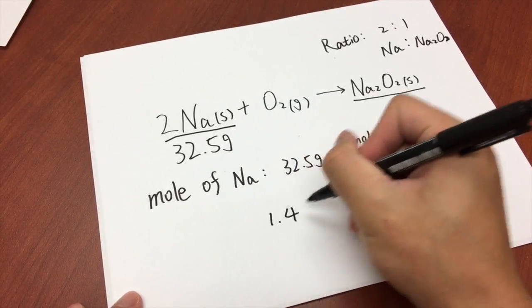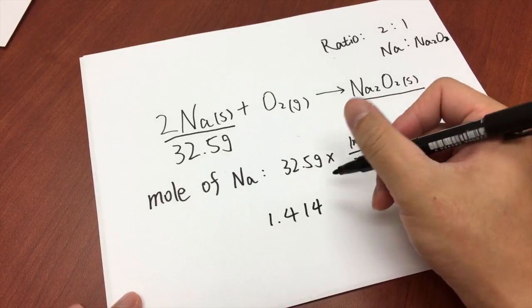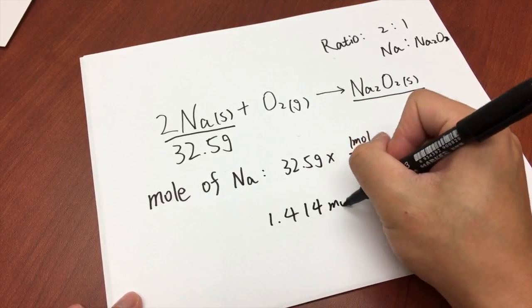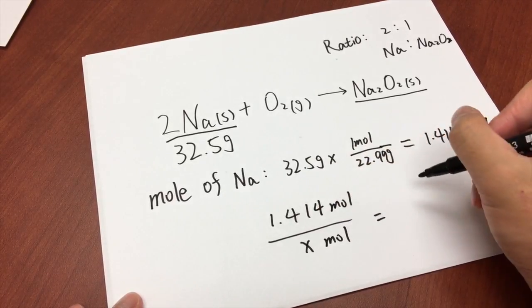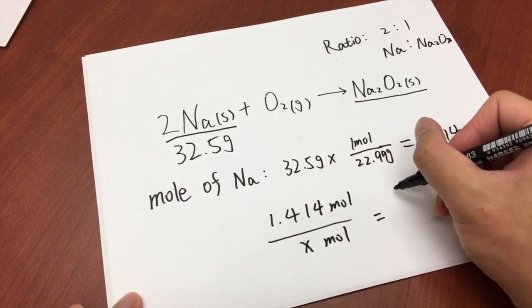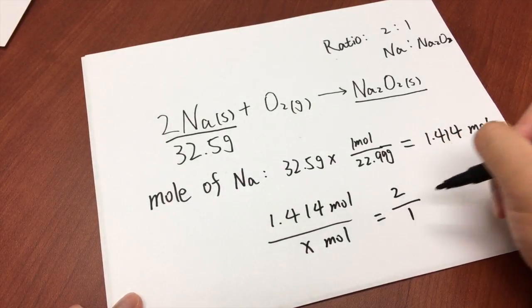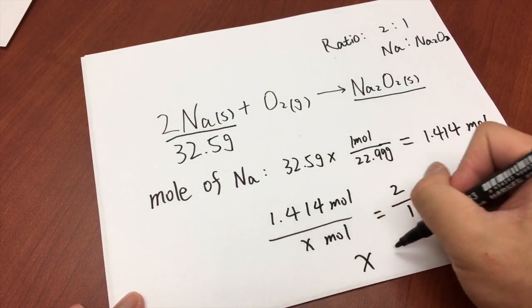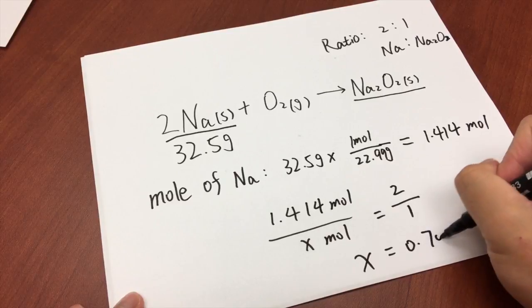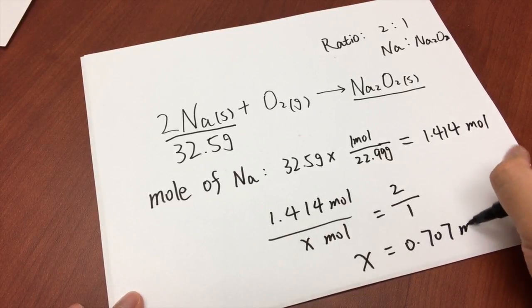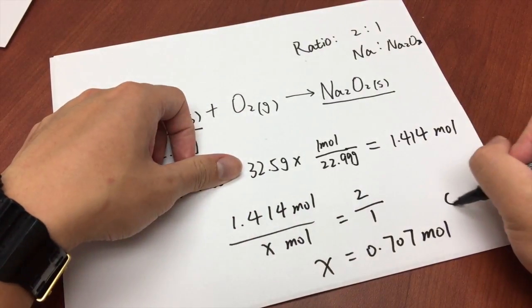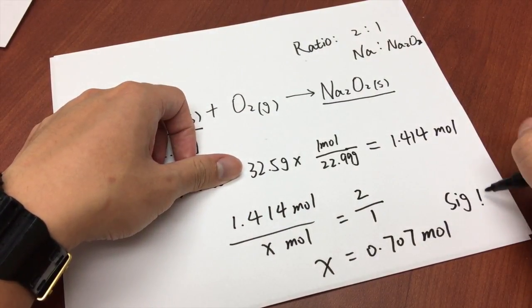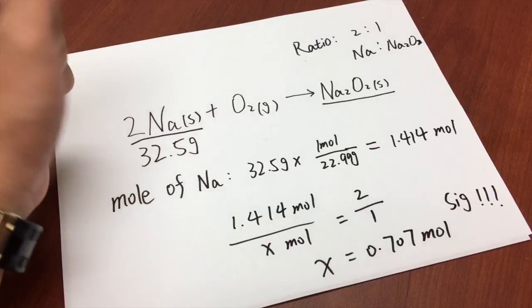The 1.414 moles of sodium over x moles of Na2O2 is equal to 2 to 1. So we can get x is equal to 0.07 mole. But remember the significant figures are very important.